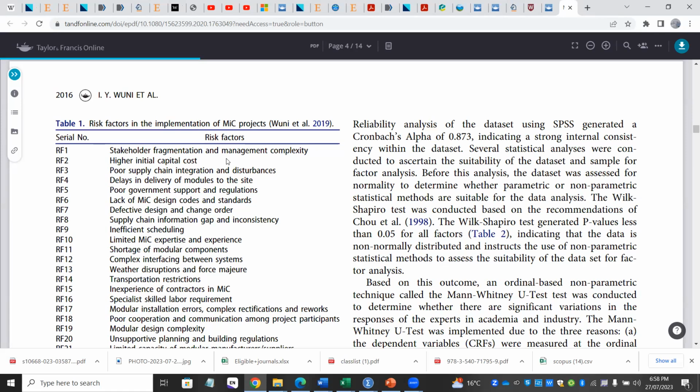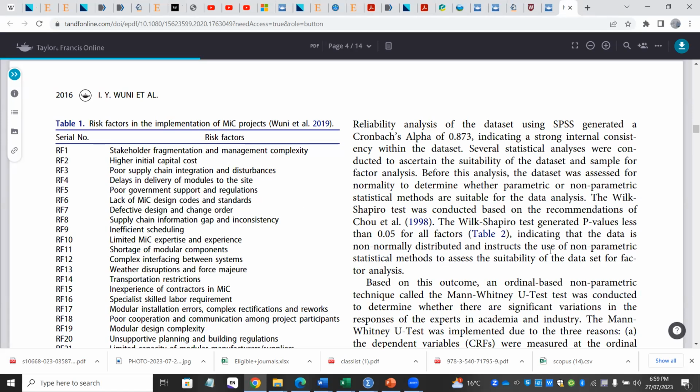It's important that after you have determined the normality of the data set, you choose the right data analysis tool. So this was done, and it was established using the Shapiro-Wilk test that the data set was not normally distributed.